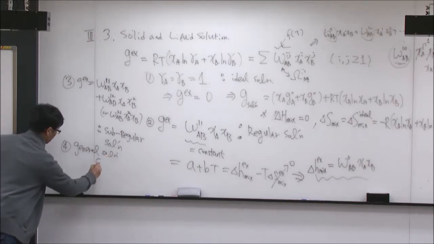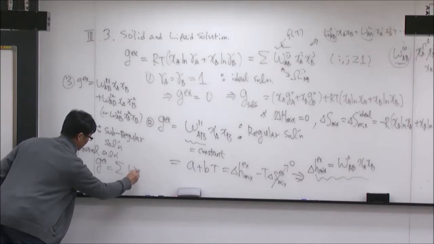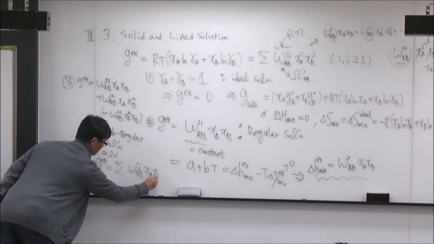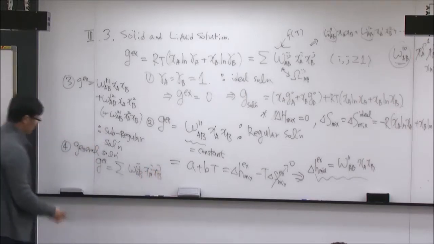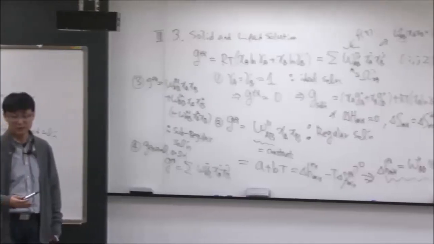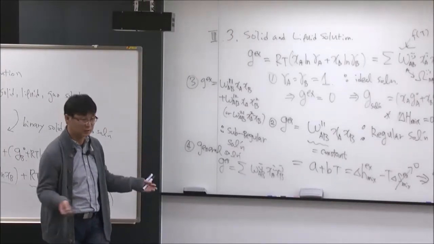When it's a general solution, of course this Gxs parameter is really a summation of any kind of combination. So when you go to the general solution, you can have excess enthalpy and excess entropy simultaneously. That's the general condition.